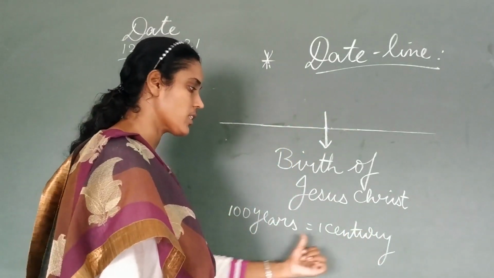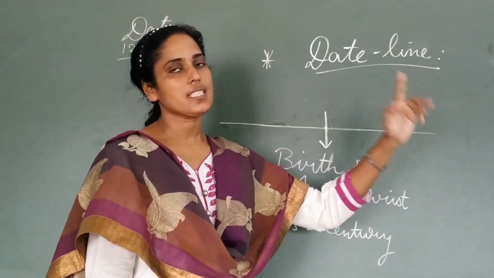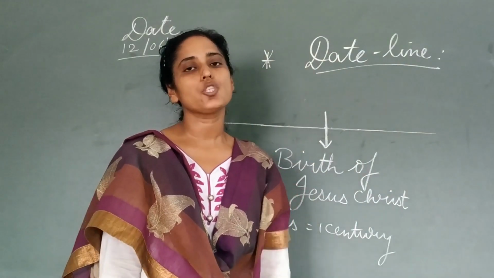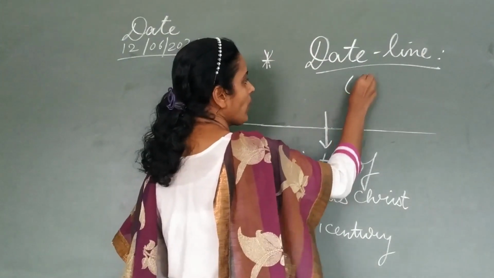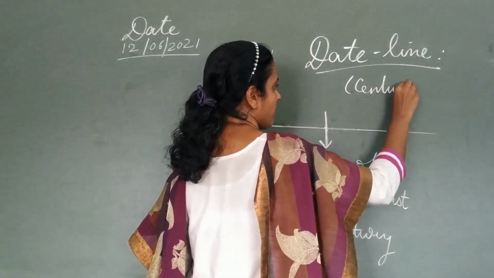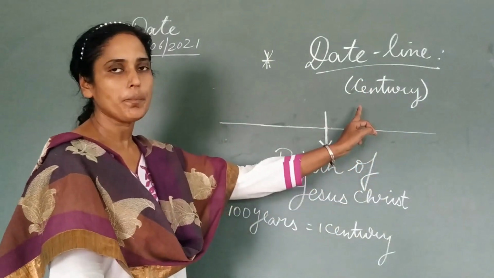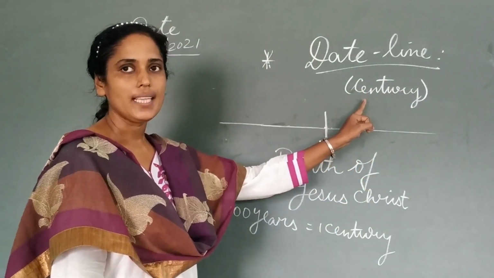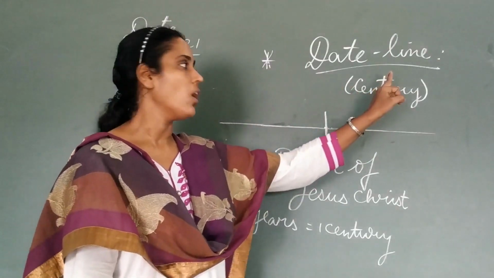Anyway, you can write 100 years is equal to 1 century. Now, as you have to mention it everywhere, your space will be short over there. Because of space shortage, you can write in common over here with a pencil, century. In a common term, you can write century on the top here, and then no need to write century everywhere. For each numerical, no need to write the word century.